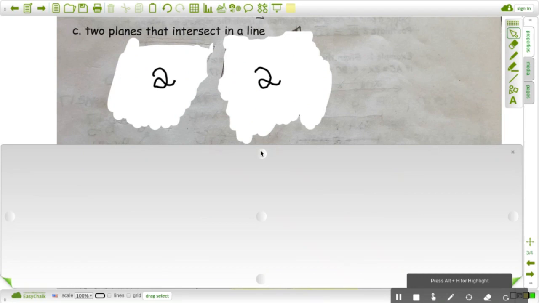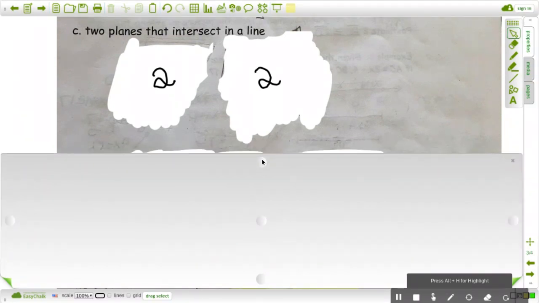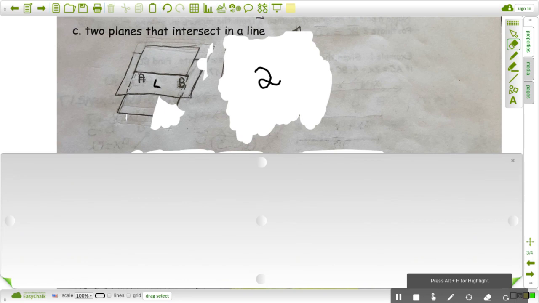Two planes that intersect in a line. So what this is, I did two examples, but the first one is relating to this question. If two planes intersect in a line, it means two planes are intersecting. Here are the two figures I drew.